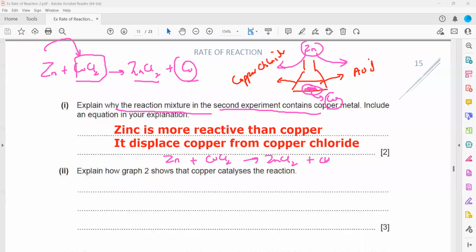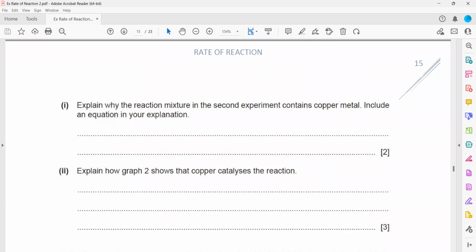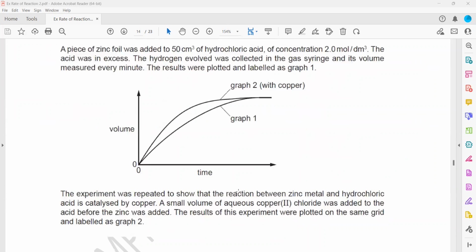Okay. The next part, how graph 2 shows that the copper catalyzed the reaction, is worth 3 marks. Even though the answer is a short answer, how do you score 3 marks when you check the graph? First thing, when a substance catalyzes the reaction, it should alter the rate. How does it alter the rate? When you check the graph, it is steeper.